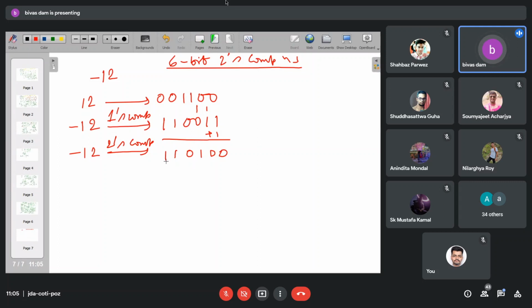Only one step. As it is negative, you have to take bit by bit complement. That's all. Just by observation, I can tell you what should be the 1's complement of that -12.